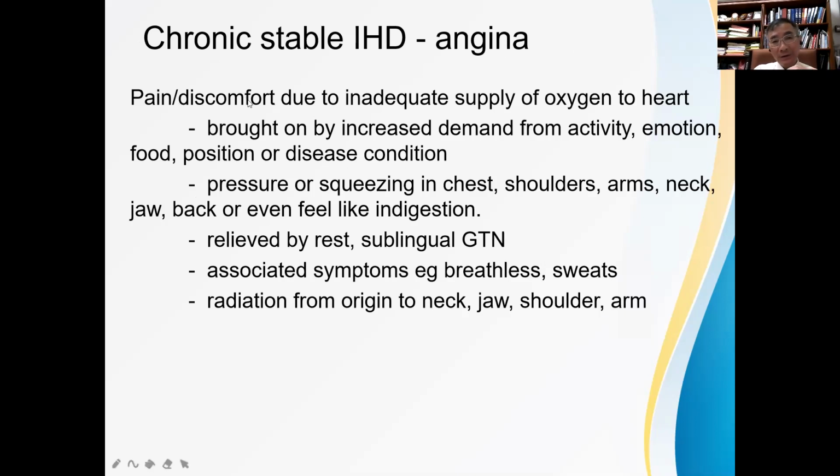Angina is pain or discomfort due to an inadequate supply of oxygen to the heart, as we said, the ischemic condition, and it comes about because of increased demand for oxygen, such as when there is increased activity, when the patient becomes emotional, after taking food, because after food, blood is needed to go to the abdomen to digest the food.